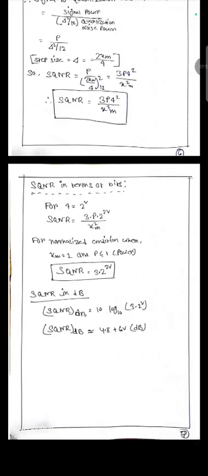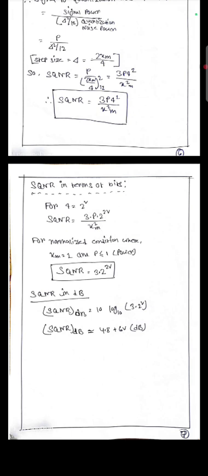And now we can see the signal to quantization noise power ratio in terms of bits. For q equal to 2 to the power v, SQNR is equal to 3 into P into 2 to the power 2v by x square m. For the normalized condition where xm is equal to 1 and power P is less than 1, the signal to quantization noise power ratio is equal to 3 P into 2 to the power 2v.